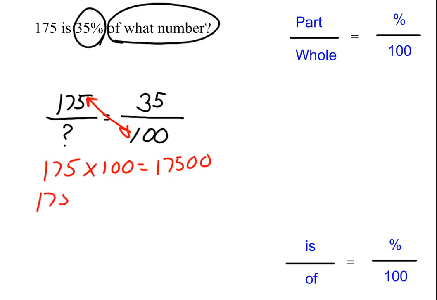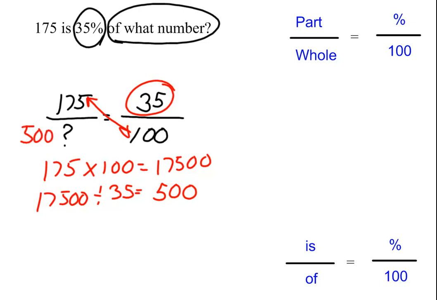And then 17,500 divided by the number we haven't used yet, which is 35. So 17,500 divided by 35 is equal to 500. So I had 500 total dollars. I gave Sue 175, which was 35% of my total.